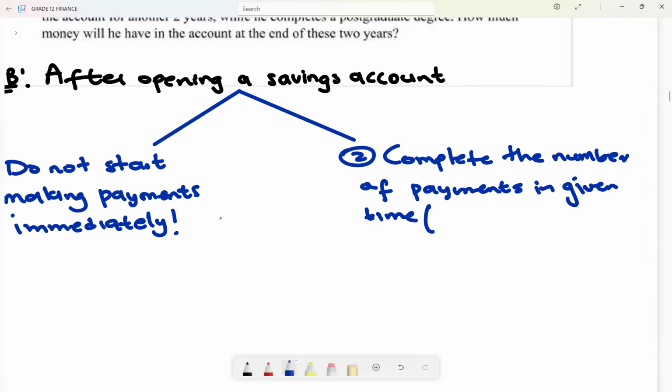What do I mean by that? Not early or late, but exactly in time.